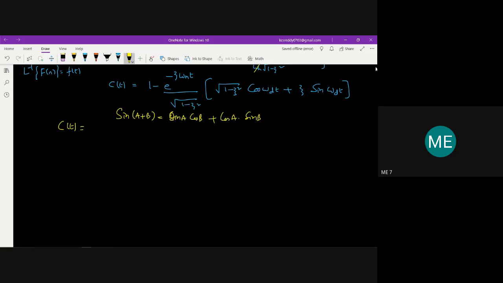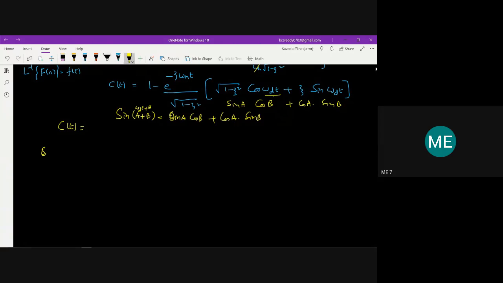So if I write in this form, comparing with this, I can write it as sine of a plus b, that is sine of omega d t plus theta, where a is omega d t and b is theta.